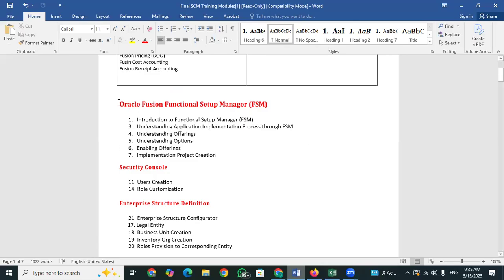Before going to the training, we have an implementation introduction: how the implementation project is configured in the application, where we can implement it, and how the implementation things come into the application.